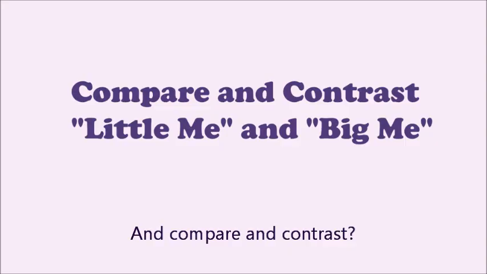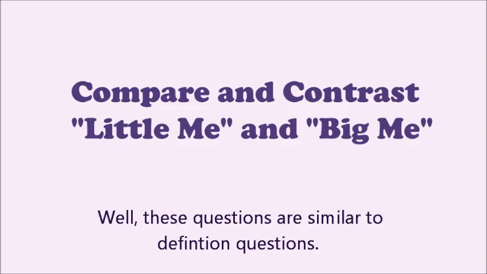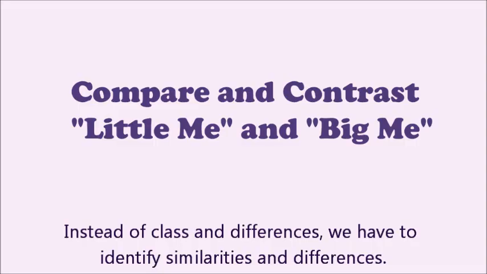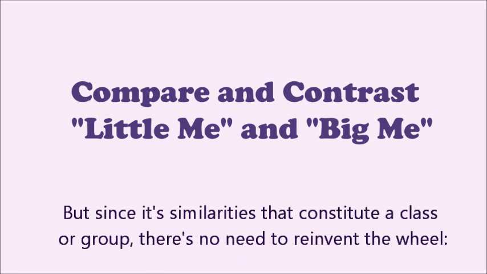And compare and contrast? Well, these questions are similar to definition questions. Instead of class and differences, we have to identify similarities and differences. But since it's similarities that constitute a class or group, there's no need to reinvent the wheel.